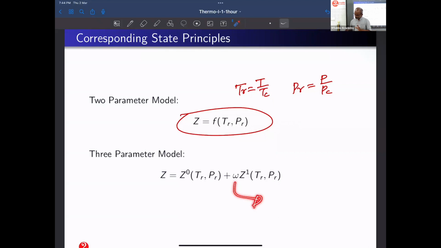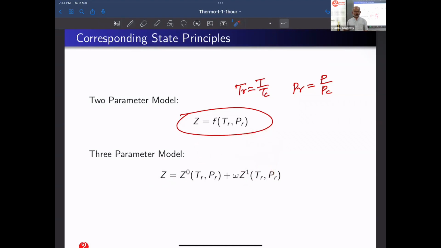The omega value is available for a variety of components. Otherwise, we'll have a table of Z0 and Z1 as a function of TR, PR. Using that table, we get Z0 and Z1 for a given TR, PR, and Z0 plus omega into Z1 will give you the value of Z. Once Z is available, we can get the volume because Z equals PV by RT.